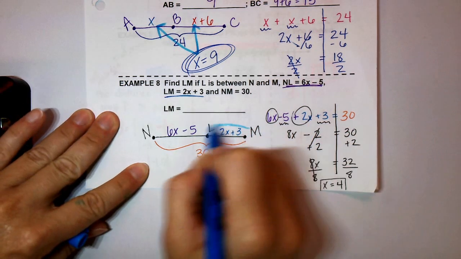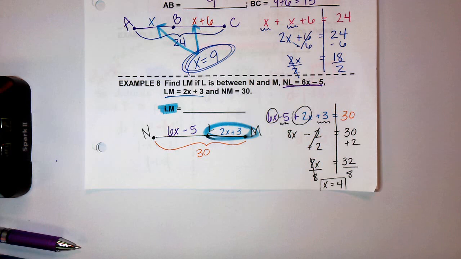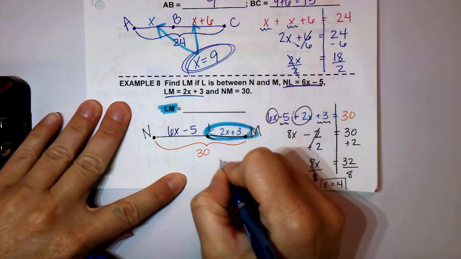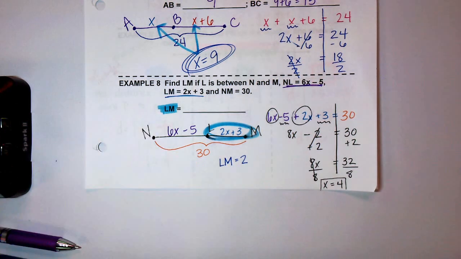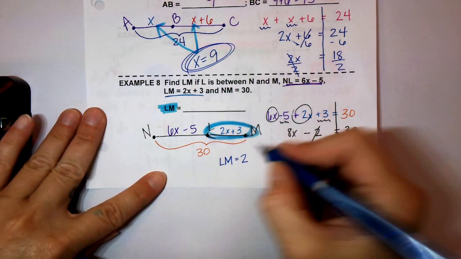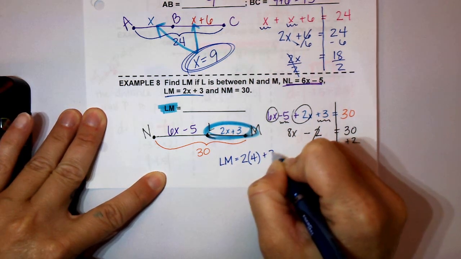So this one over here. So plug that in. 2 times 4 plus 3. So LM, if you want to be really official, 2 times 4 plus 3.